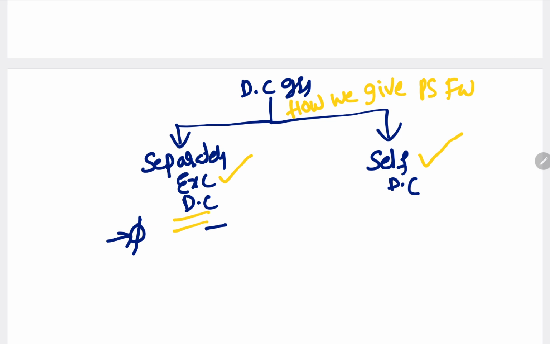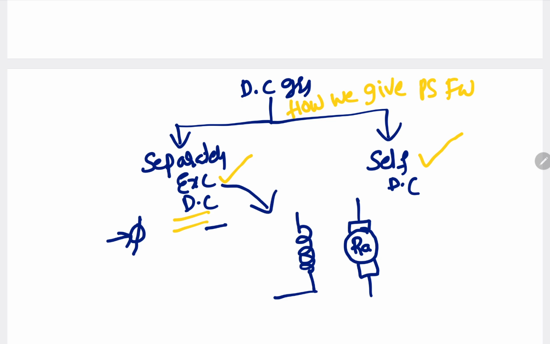So first one is the separately excited DC generator. Let us say the armature winding I am representing in the form of a circle, and these two are the brushes, and this armature is rotating, and we need a field winding. This is a field winding. Now the question is how we give excitation to this field winding. In a separately excited DC generator we give the power supply externally with the help of some battery.